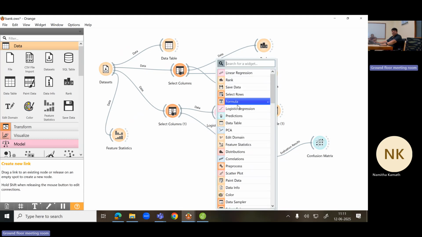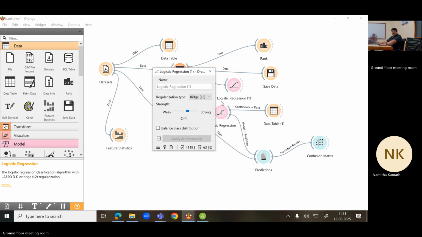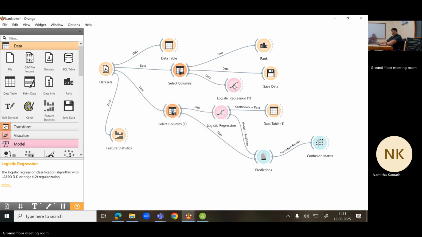So go to logistic regression, keeping it balanced for right now, and then see what are the variables which switch off by this.